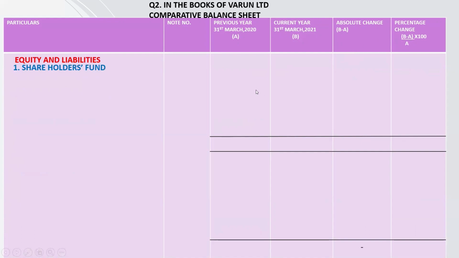We are given shareholders fund 3 lakh and 3,50,000. Take care that you first write the balance of previous year and then the balance of current year. In the question, you can see you are first given the balance of year 2021 and then the balance of 2020.